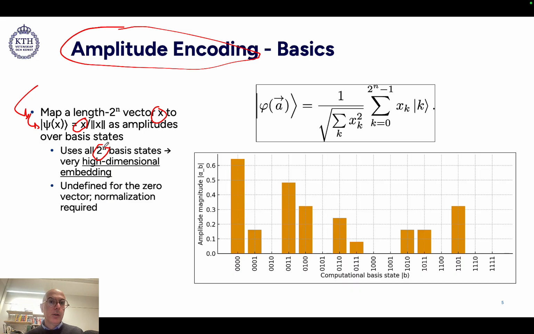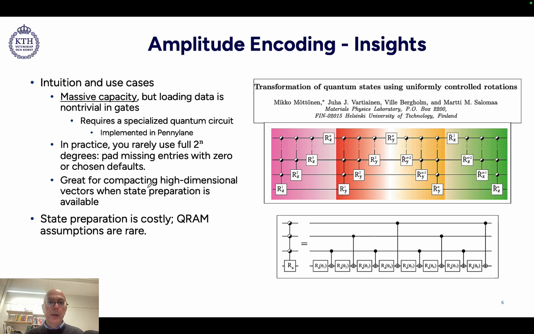In the case of angle encoding, we need 8 qubits. In the case of amplitude encoding, we just need 3 qubits, because we can use the 2 to the 3 quantum states. One of the issues is that if we have a vector that is all 0, this will be undefined. And normalization is also required.